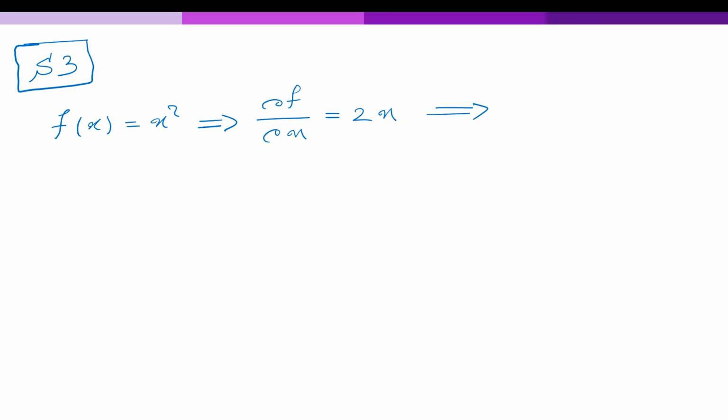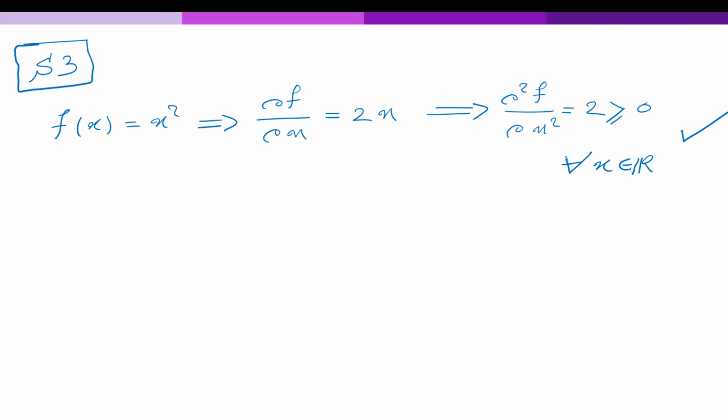And we move on to the second derivative, which is 2, and 2 is positive for every x in R. Therefore, this function is convex.